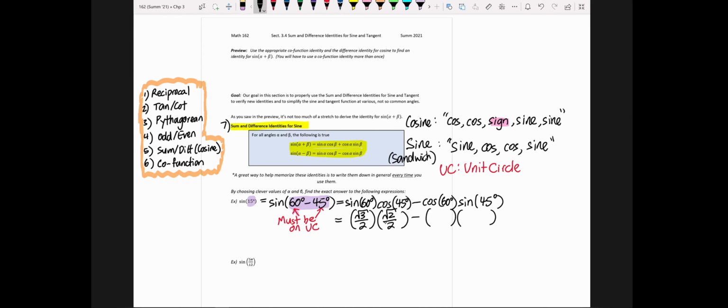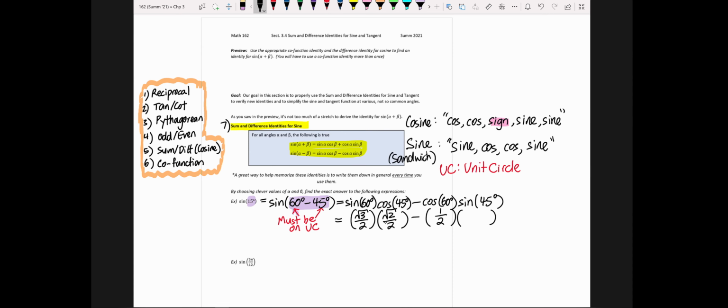Let's go to Jimmy. Cosine of 60 degrees. Okay, not hearing from Jimmy. Let's go to Justin. Cosine of 60 degrees. It's going to be 1/2. Short leg, very good.